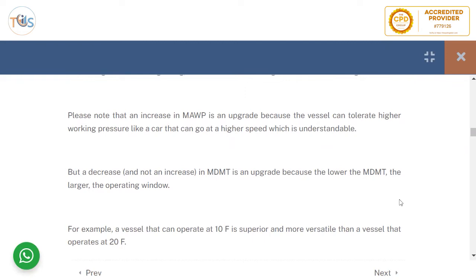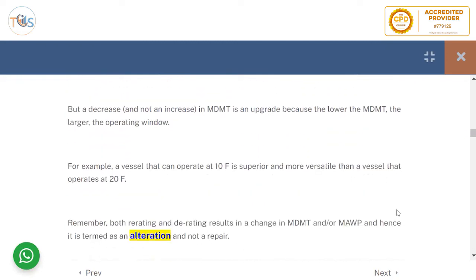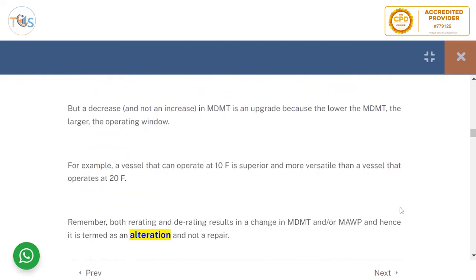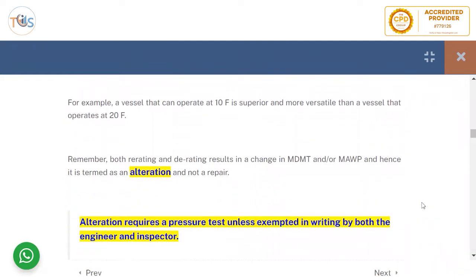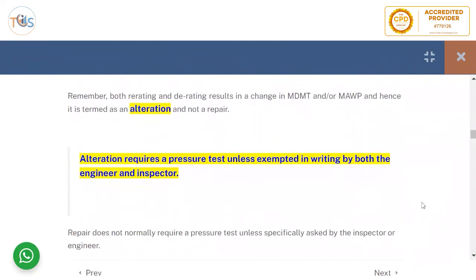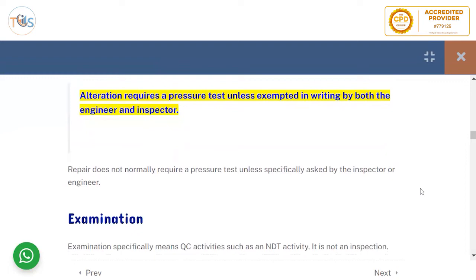So if it can work at a lower temperature, you are actually upgrading. Alteration also normally requires a pressure test, unless exempted in writing by both the engineer and inspector, while repair does not normally need a pressure test, unless recommended or deemed reasonable by the inspector.